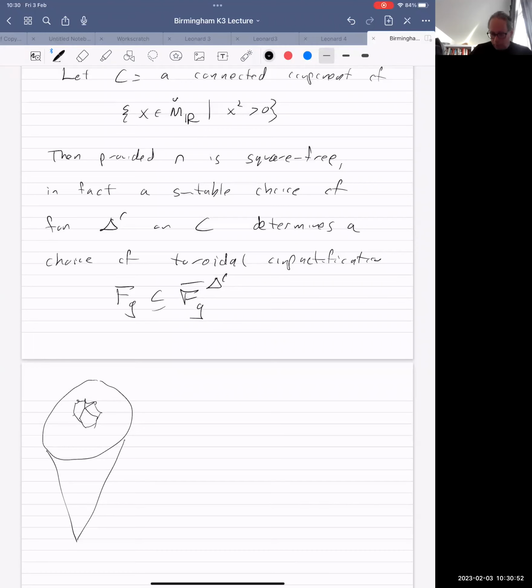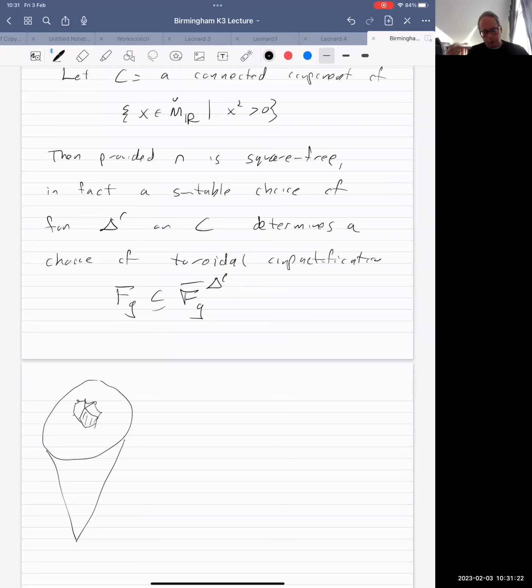And there are various group actions, which again I don't want to go into detail on because it starts to get rather messy. Each cone has to be a fundamental domain for this group action, or be independent of a fundamental domain for the group action. Okay, but anyway, there is this standard way of going from such data to produce what's called a toroidal compactification of F_G.